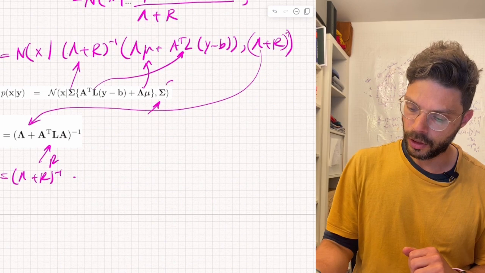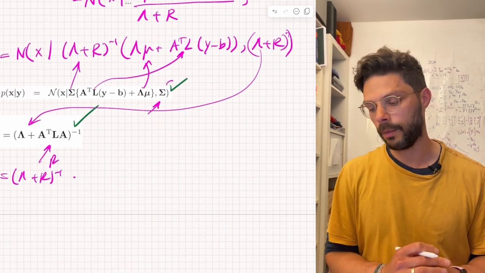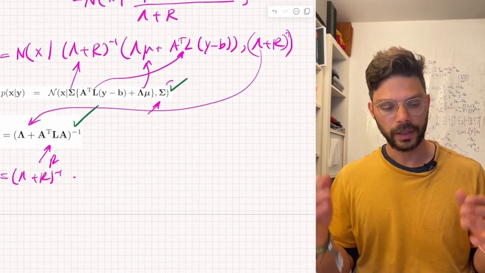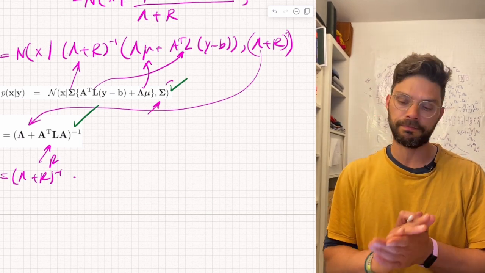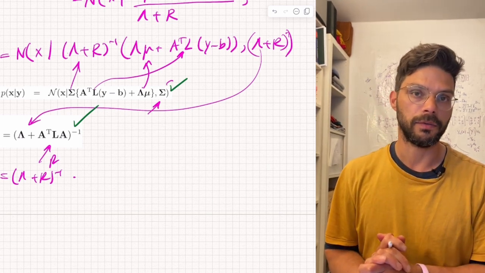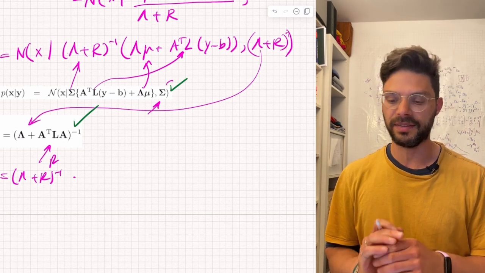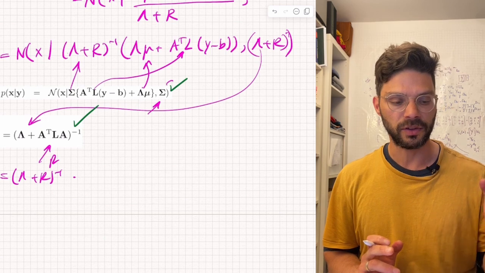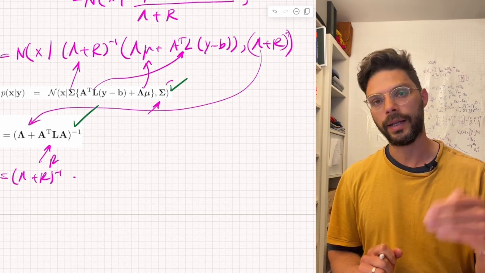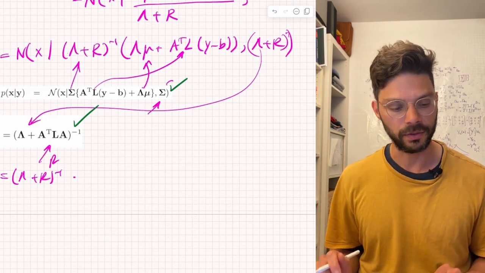So hopefully that was helpful, took some of the mystery out of those expressions, and maybe gave you a new perspective for looking at those results. But again, as I said, you don't need to memorize these things, just know where they are, know how they're derived, and later on you'll get plenty of practice using them.